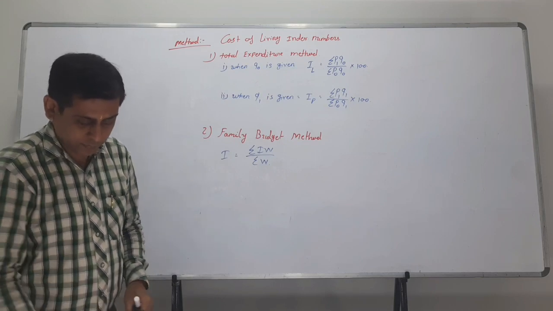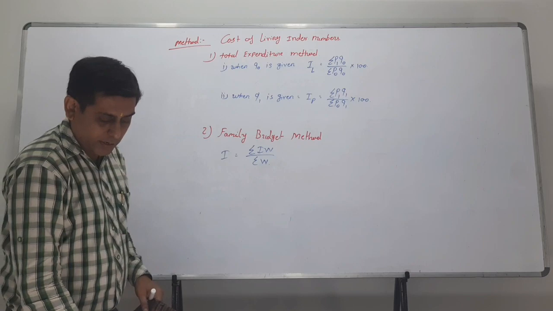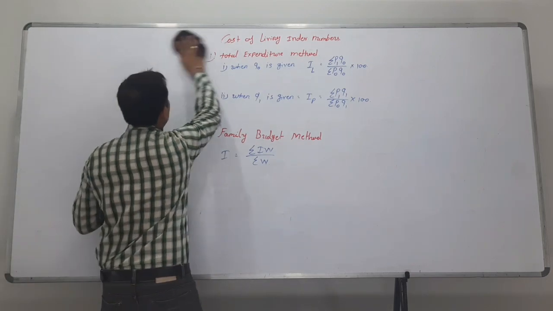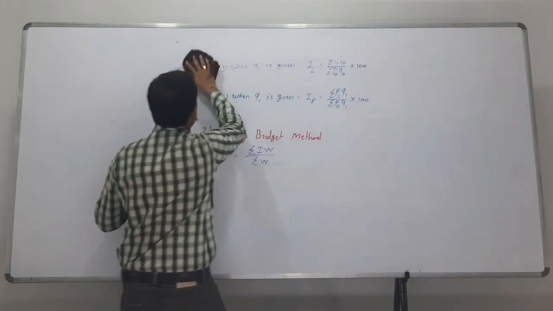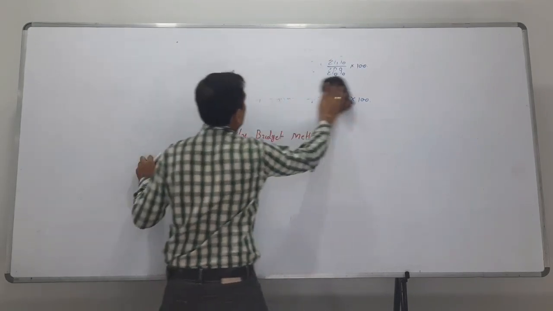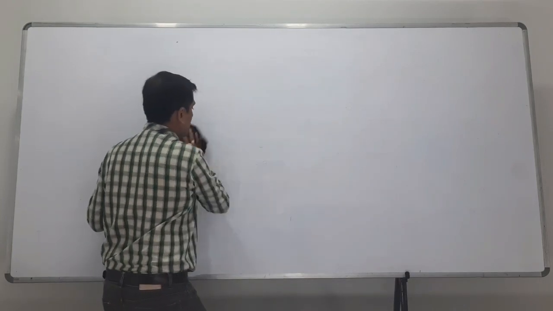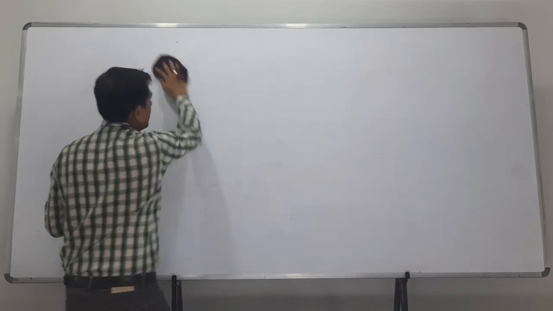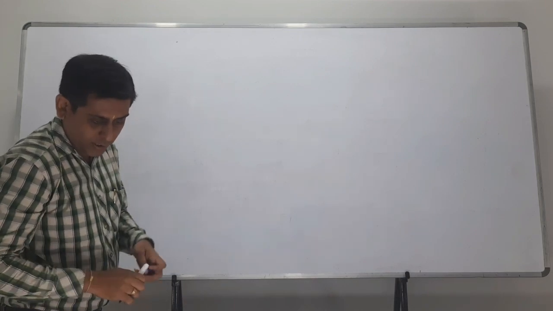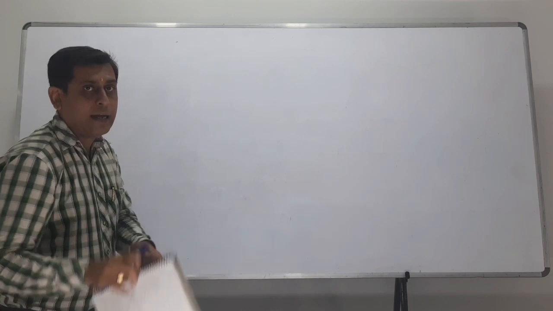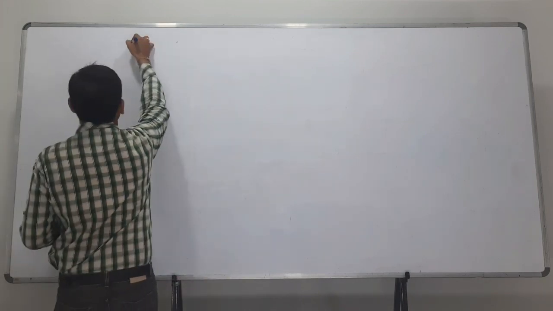Okay. So here illustration number 17. First of all, I am writing the question. Group, index number and weight, that is group, I and W is given.